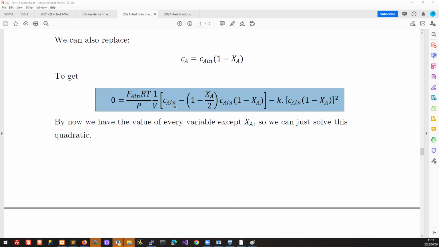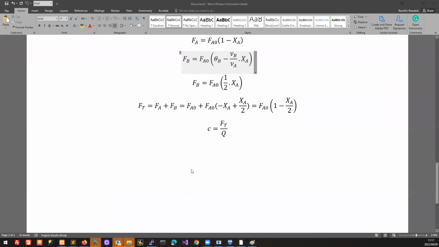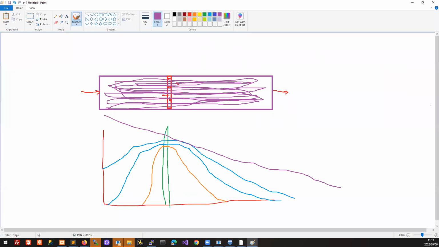Right, so this is a problem that relates to the fact that your volumetric flow rate is changing. Because A and B are changing in a non-equimolar way, so A goes to 2B, I think, your total number of moles changes. So your volumetric flow rate here is not the same as the flow rate there.